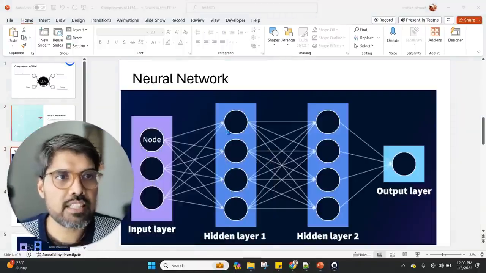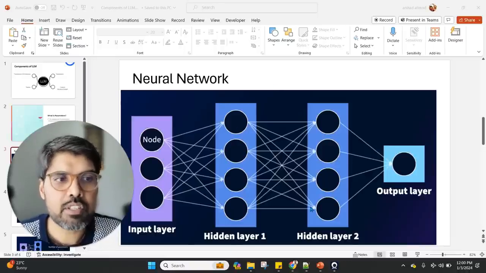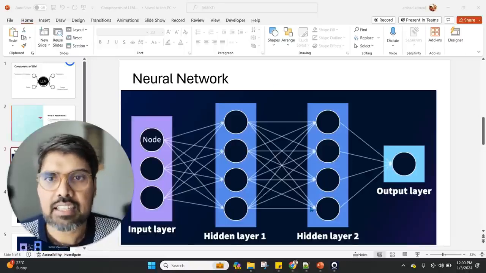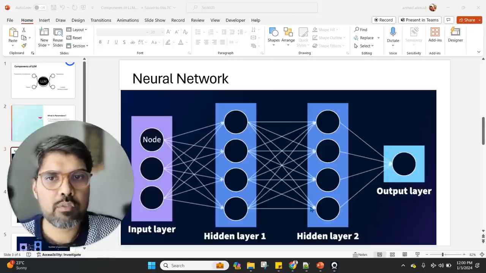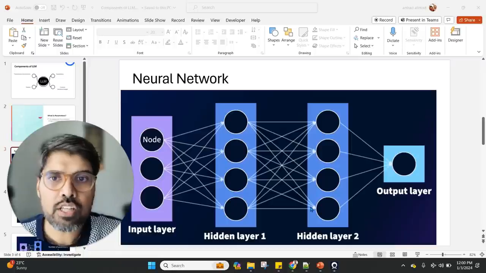what we are going to see is a neural network. It consists of an input layer and an output layer, and in the middle there is something called a hidden layer. This is a visual representation of a neural network, and you can see the architecture has different layers, and each node is represented by a circle in the graphics.